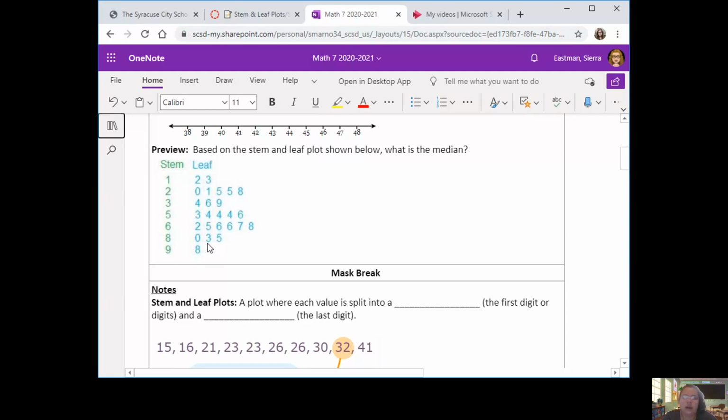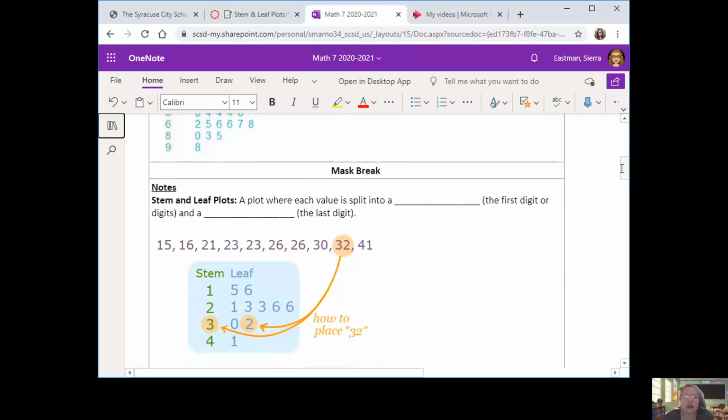And we can keep going closer and closer to the middle until we find that median number, which for us should be, I believe, a 5. We'll come back to that example in our notes for today. It's going to be the same stem and leaf plot once we get a better understanding of what we're looking at.